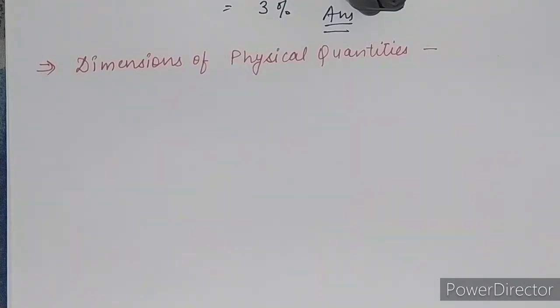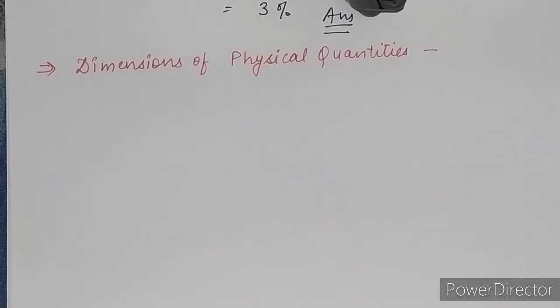Dimensions of a physical quantity. So first of all we have to understand the concept of what is dimension. Okay, we know about what is a physical quantity, it has a measured value, units and all the things, but what is dimension? So we can say that the nature of a physical quantity is described by the dimension.